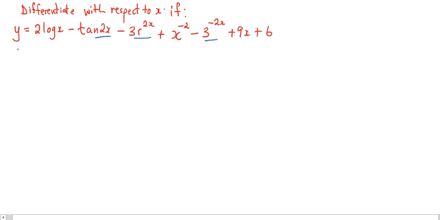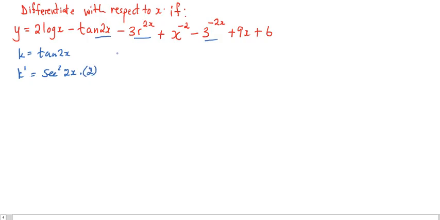Let's say k is tan of 2x, then the derivative of that would be, firstly, the derivative of tan is sec squared of the same function, multiplying with the derivative of that function with respect to x, so that will give us 2.